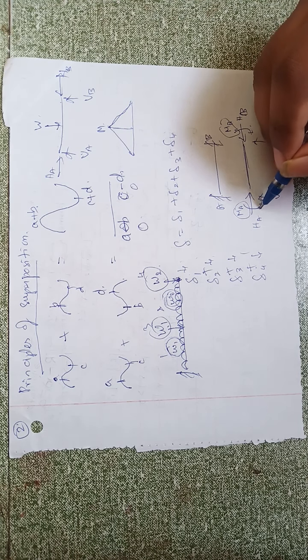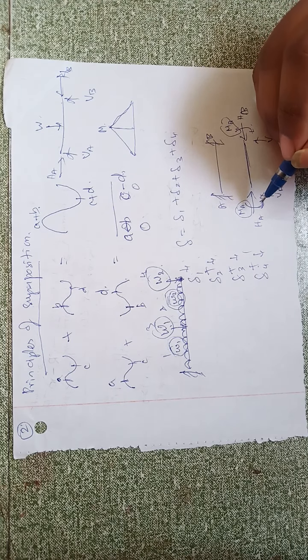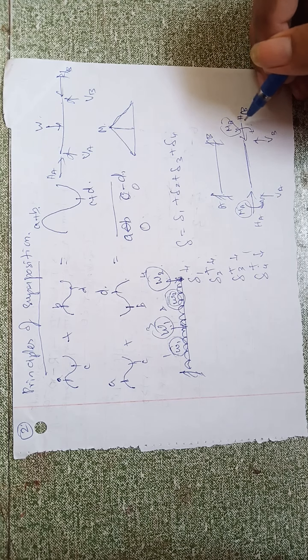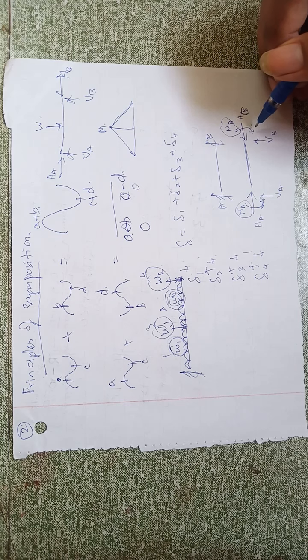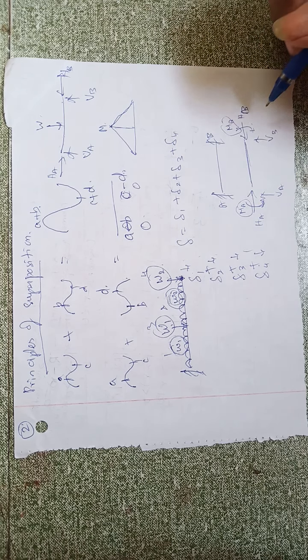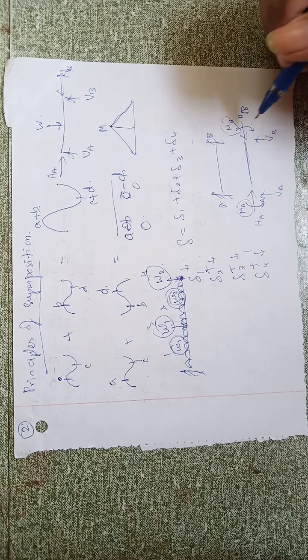Here MA is in the clockwise direction, that too on the left side. Clockwise on the left side is negative, and here it is anticlockwise on the right side, which is also negative.